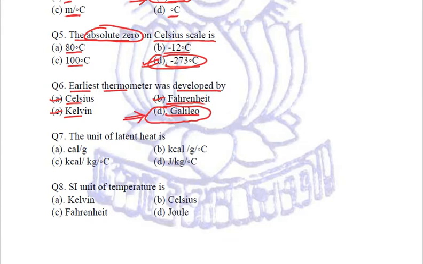This is something surprising, something funny also, I suppose, contradictory, that it was Galileo who developed the earliest thermometer. So D, Galileo, is the choice in this particular question. Got it?